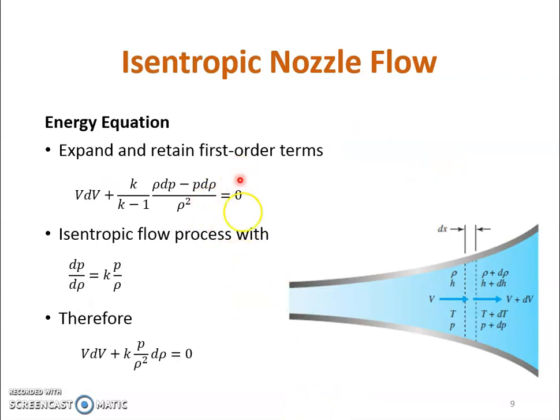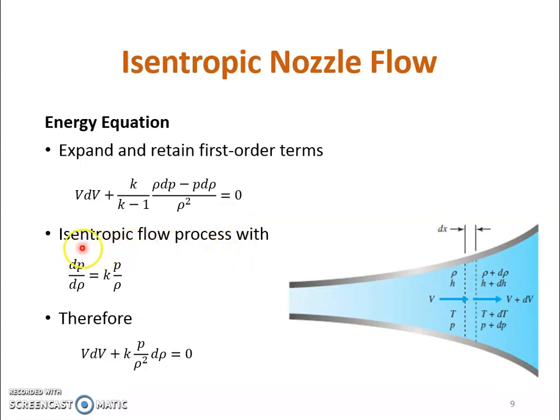Again, we expand the previous equation and just retain the first order terms, neglecting the higher order terms, so we can express the equation. You can try it out by yourself. Maybe in the textbook it's quite simplified, so try it by yourself because, like I said, derivation is common in fluid mechanics.